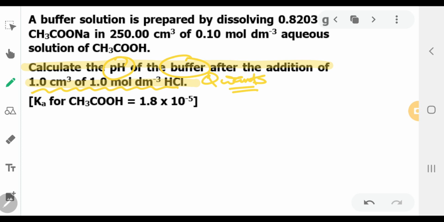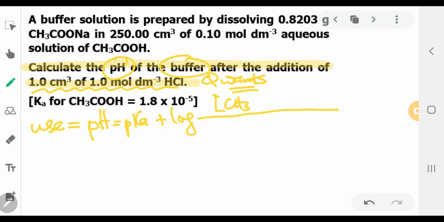So we're going to be using the same pH equals pKa plus log concentration of CH3COO minus. It's still the same Henderson-Hasselbalch, but now a small amount of strong acid is added.